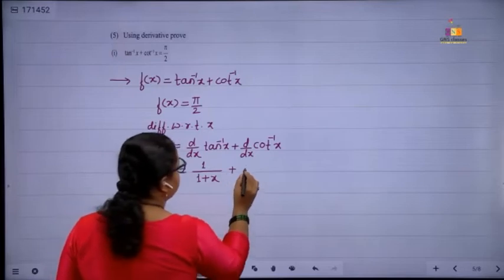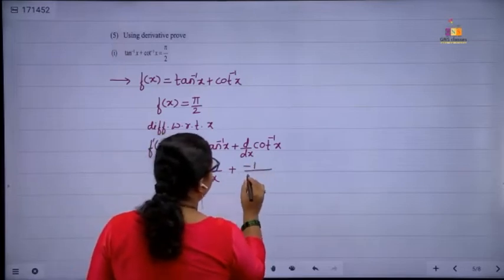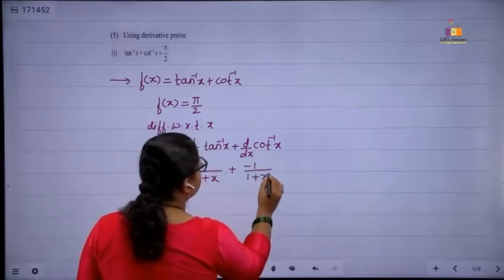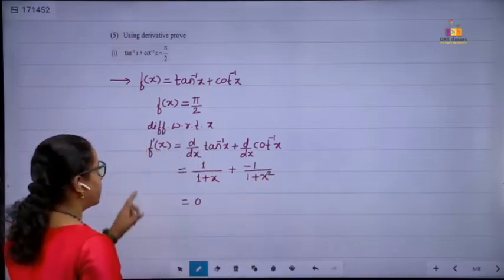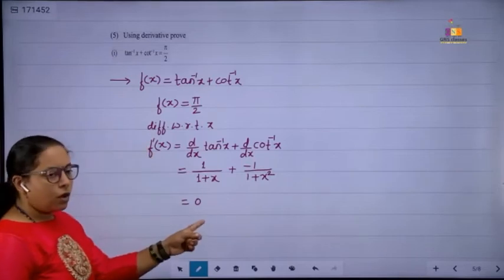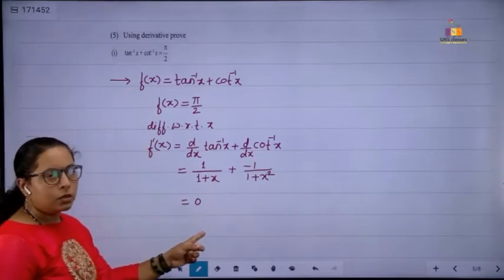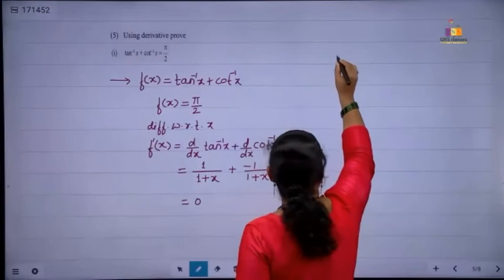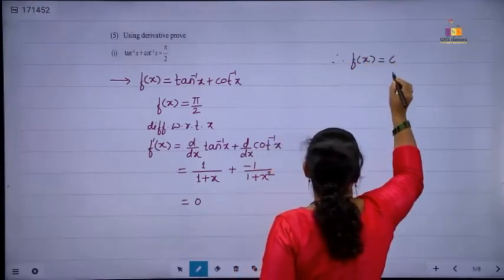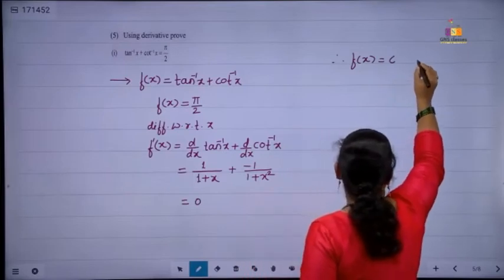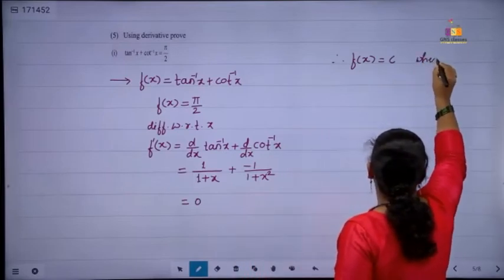And derivative of cot inverse x is minus 1 upon 1 plus x square. That means it is equal to 0. That means first derivative of f of x is 0. Therefore, f of x must be constant. f of x is equal to c, where c is constant.